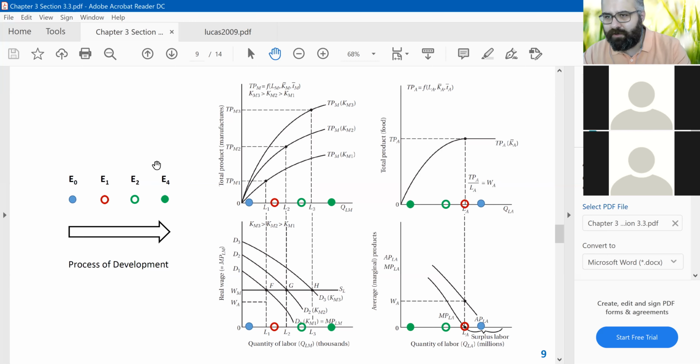On the one side, we have the Hacettepe model, where there is a single sector in which capital accumulation continues because there's savings. Savings translate into investment, et cetera. And then there is the Lewis model, where now we have two sectors. In one sector, capital accumulation is not there. So capital is fixed. This is the agricultural sector. But in the manufacturing sector, capital accumulation continues. So you can merge these two ideas to understand what could be happening in a developing economy.